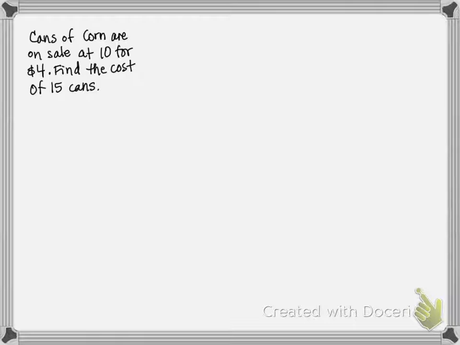So the best thing to do, and often your book will provide this information for you, is you use words first. So cans of corn. So just like in the ones we did with the ratio table, we took the situation and we wrote down the two things that were being compared.